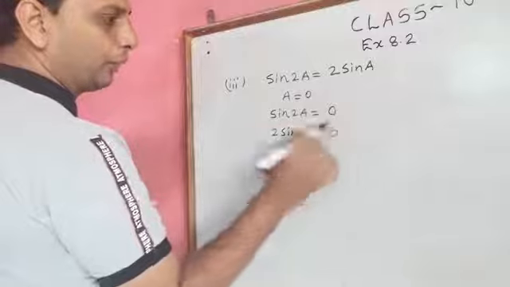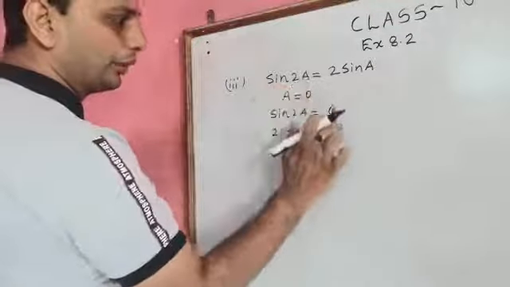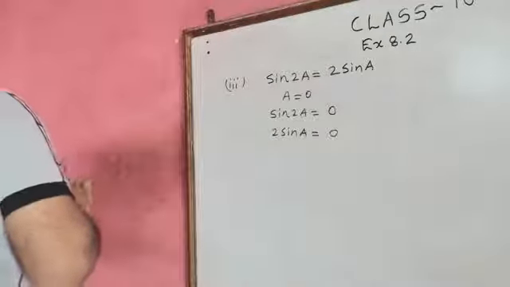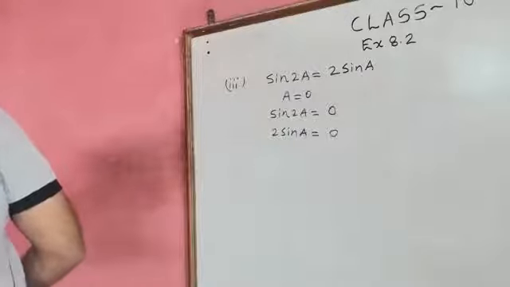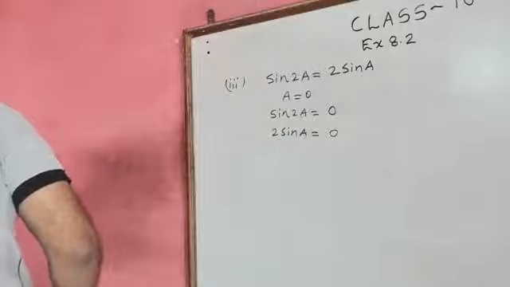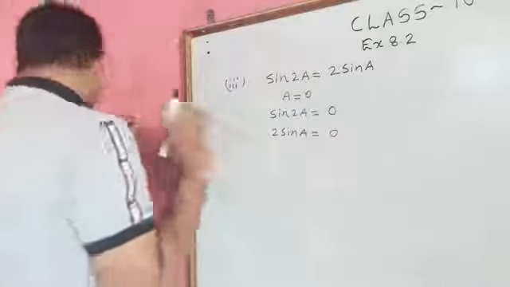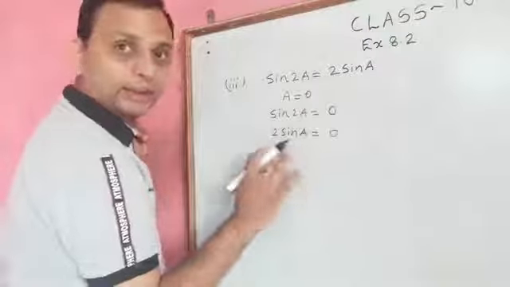The whole value is going to become 0. So sine 2A is also 0 and 2 sine A is also 0. That means both values are equal. So A is the right answer for this question. So for the third question, A is the right answer.